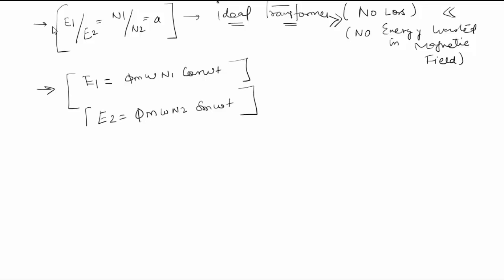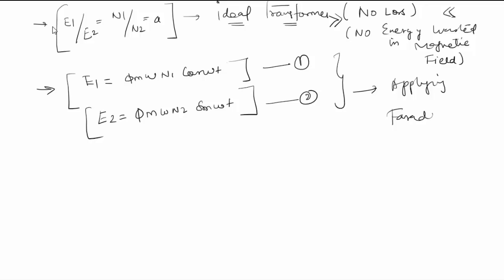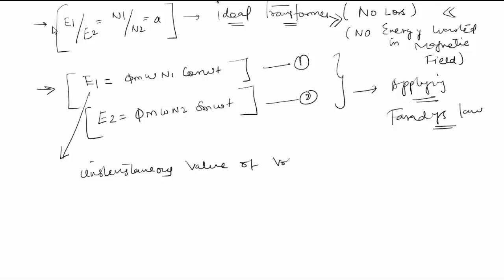These were the equations I got for the first and second windings respectively by applying Faraday's law. So this gives what is known as my instantaneous value of voltage based on my time or my phase.